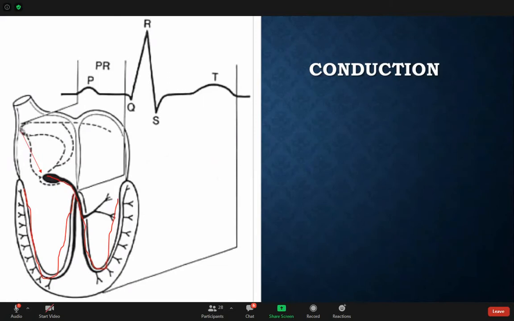QRS is ventricular depolarization. And the T wave is repolarization of the ventricle.